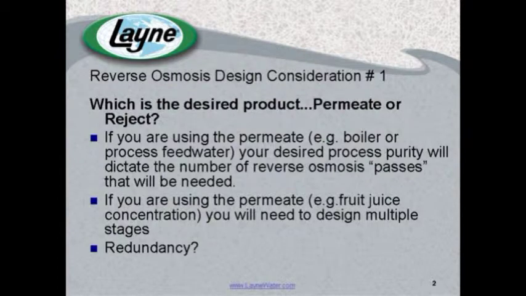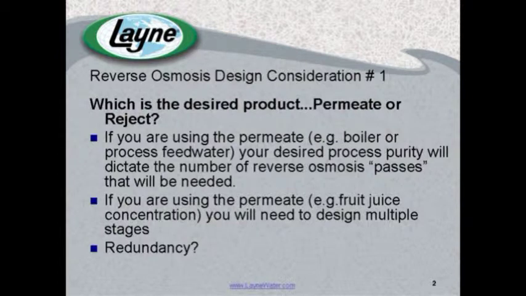For example, are you going to be installing and using this RO system to purify water, perhaps for a process input feed, boiler water pre-treatment feed? If that's the case, then you're really going to be focusing your attention on using the permeate from that system. And that will really drive how you design your overall reverse osmosis system.